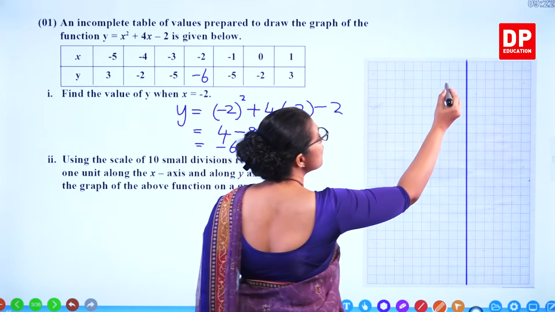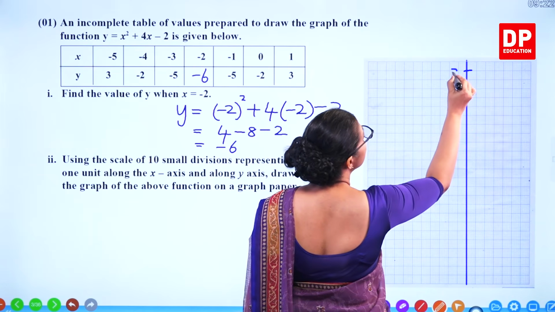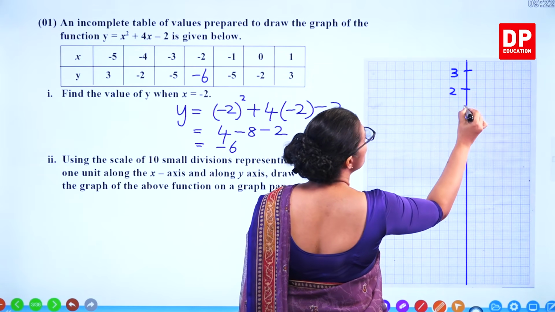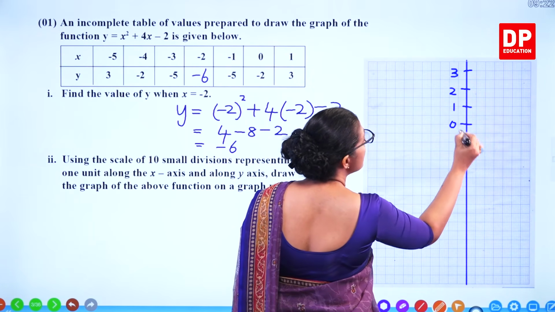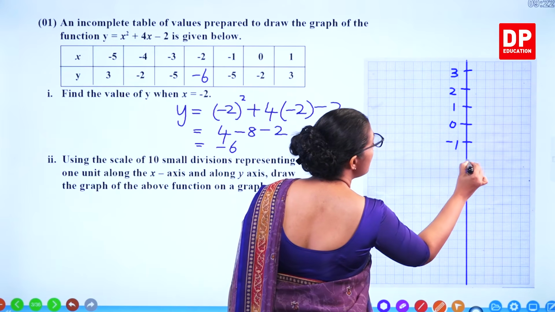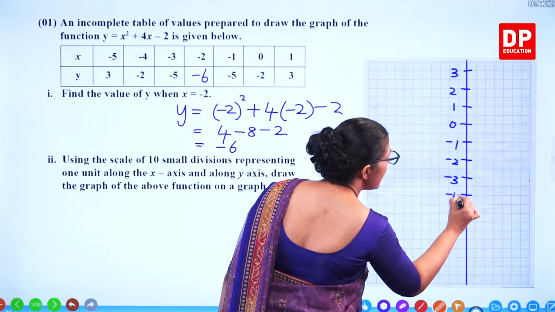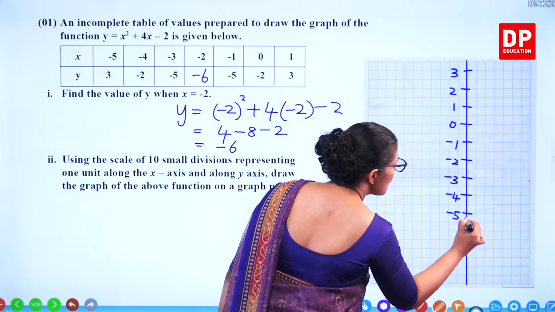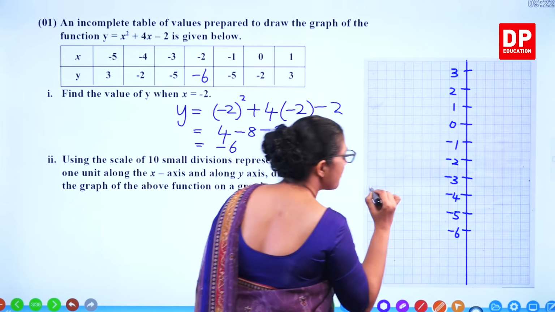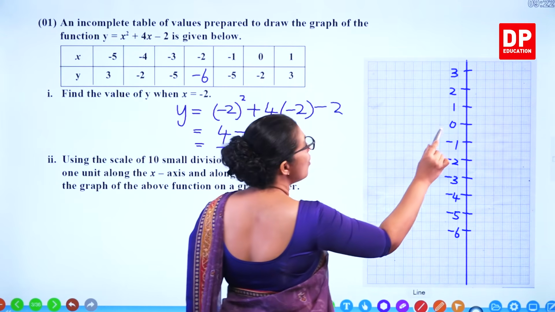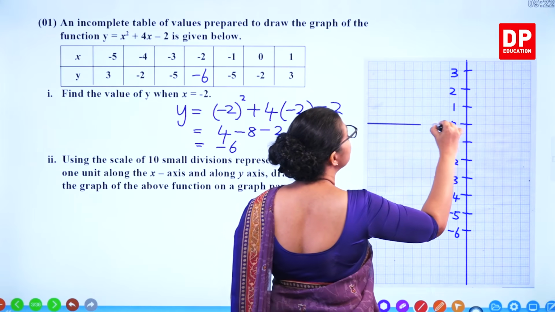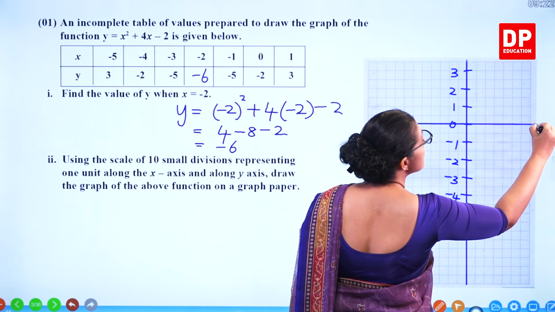So you can start from here. 3, 2, 1, 0, minus 1, minus 2, minus 3, minus 4, minus 5 and minus 6. And you know now where the x-axis is. The x-axis is here.